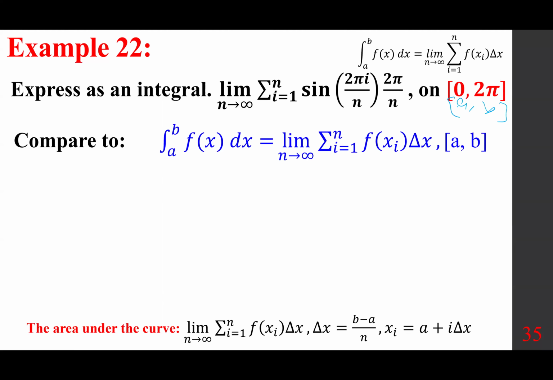So as we mentioned, a is 0 and b is 2 pi. Well, delta x is b minus a over n, which is 2 pi over n.